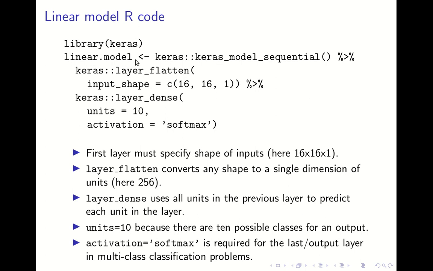variable here, which is assigned the value of starting with this keras_model_sequential thing, adding on a flattened layer, and then adding on a dense layer. You have these different layer_ object functions which can create different layers in this Keras framework. These different layers correspond to different modeling choices that you have when designing your neural network, and they're all going to lead to different generalization ability, so different prediction accuracies.